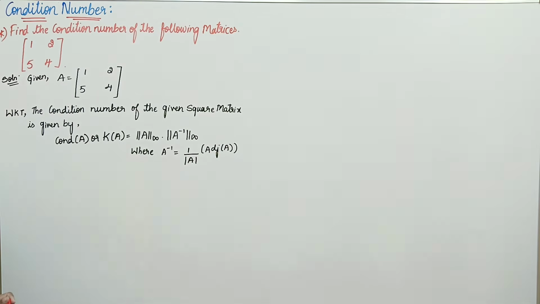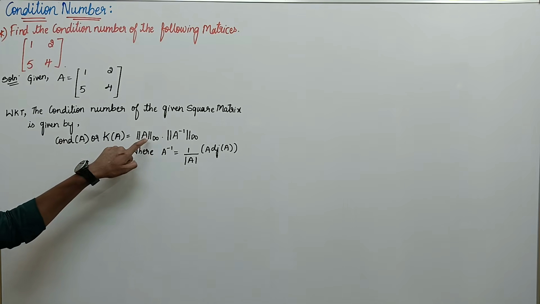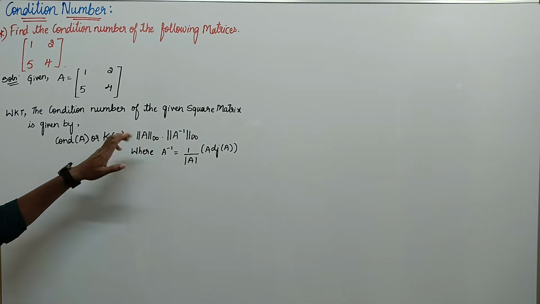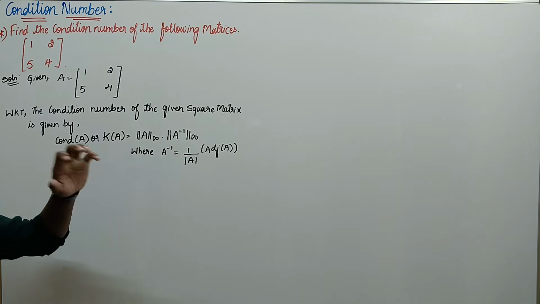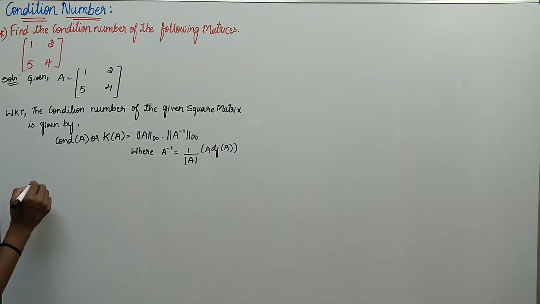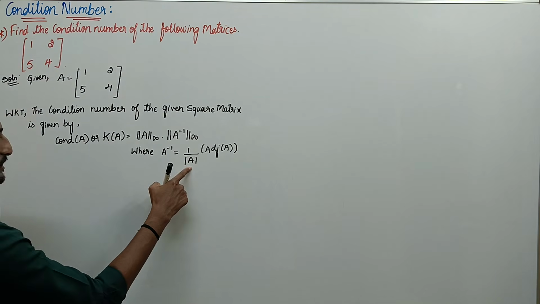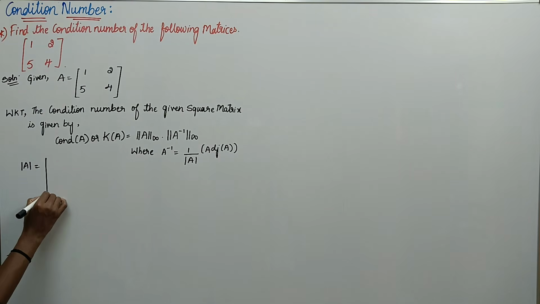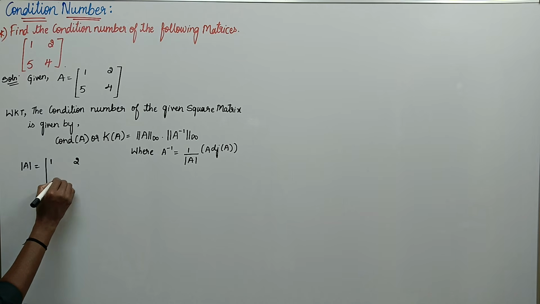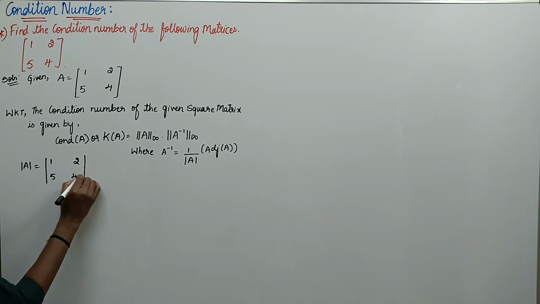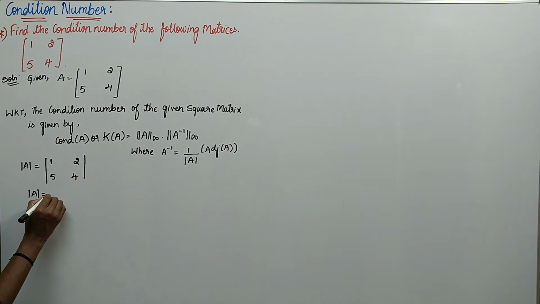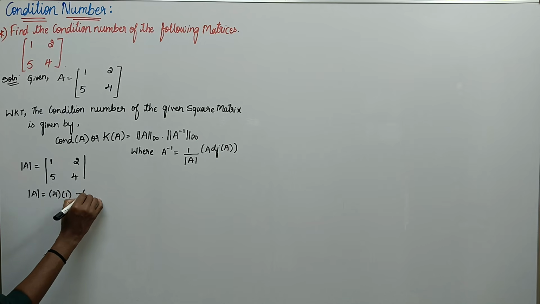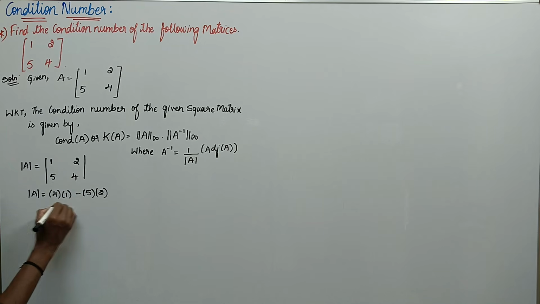Now, since we have A, we can find norm A infinity. It doesn't matter, but we are supposed to find A inverse first. To find A inverse, we need to find the determinant of A first. Determinant of A, with the matrix 1, 2, 5, 4, is equal to 4 into 1 minus 5 into 2.